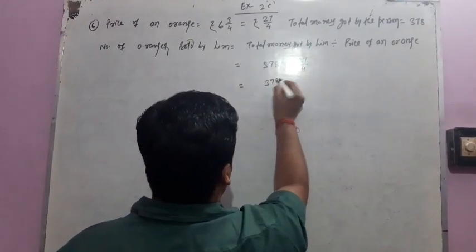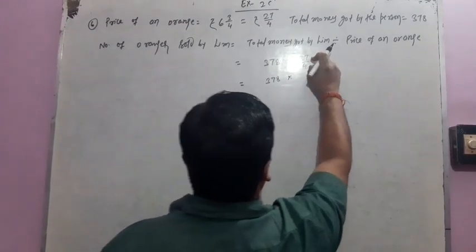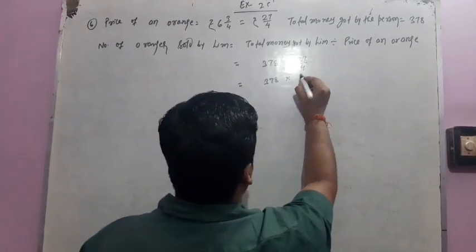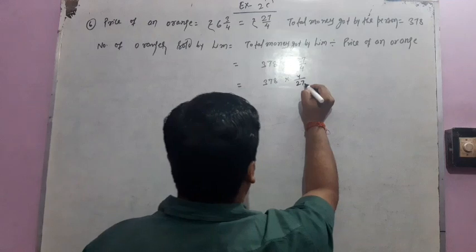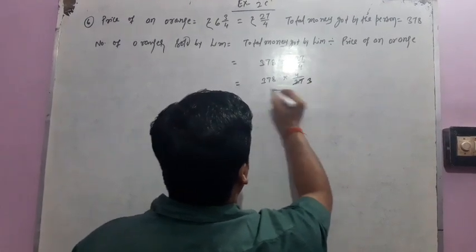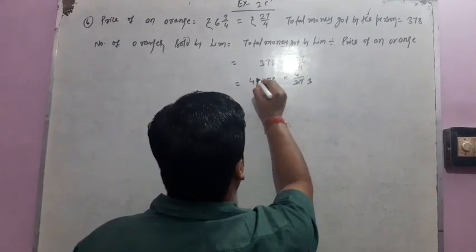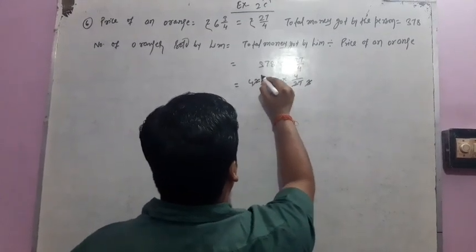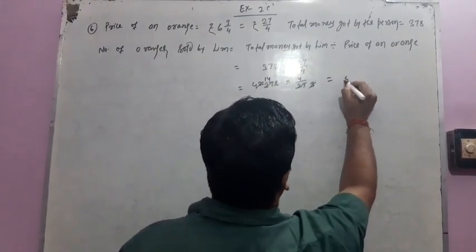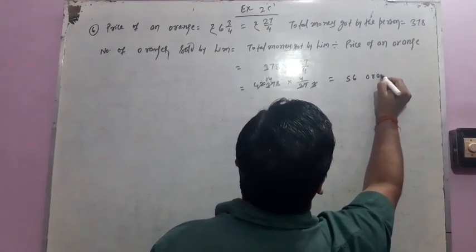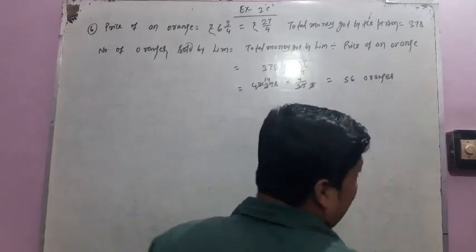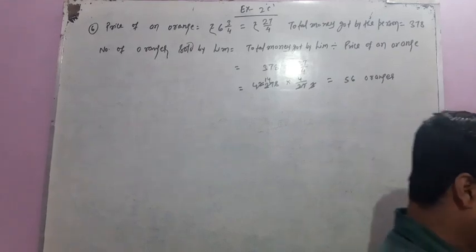Now for converting this divide sign into multiply, we make the next fraction reciprocal. With 9, 9 3s are 27, 9 4s are 36, 9 2s are 18. With 3, 14 times, 14 4s are 56 oranges. Now question number 7 and 8 both are same.